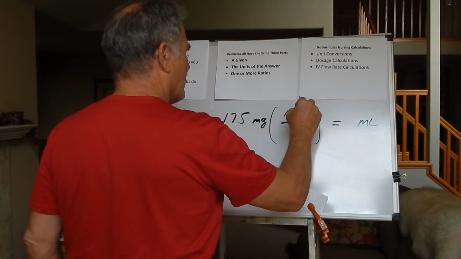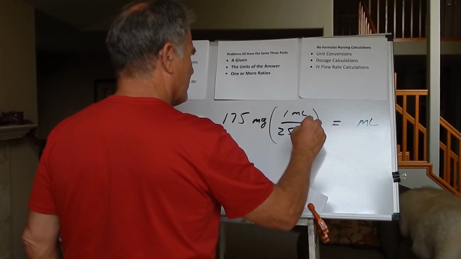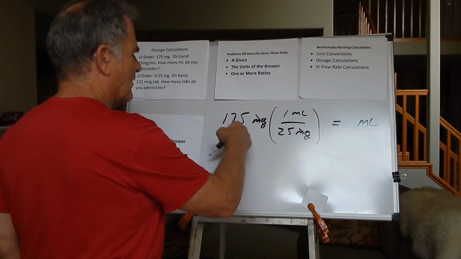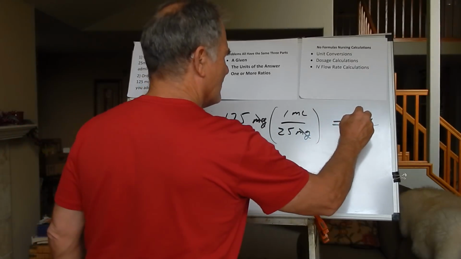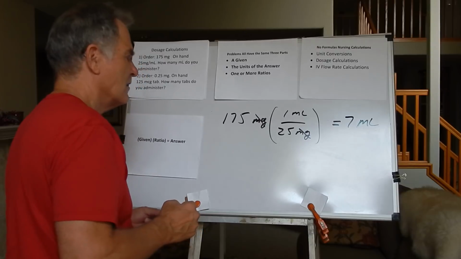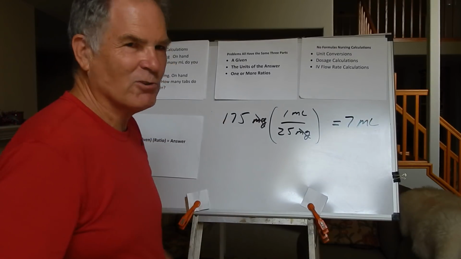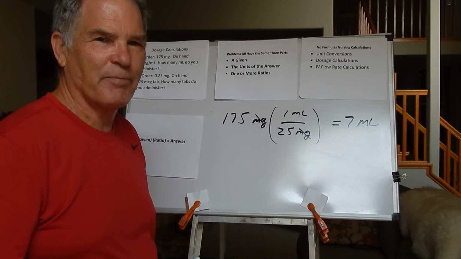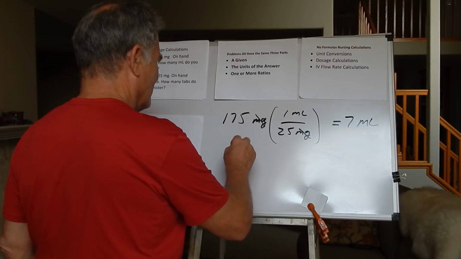So we've got 1 mL over 25 milligrams, and the milligrams cancel. 175 divided by 25 is 7 mL. Since we're on dosage calculations, I know that a lot of you like that D over H times Q.